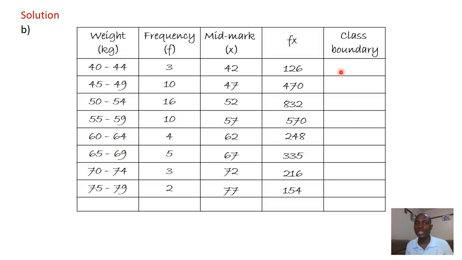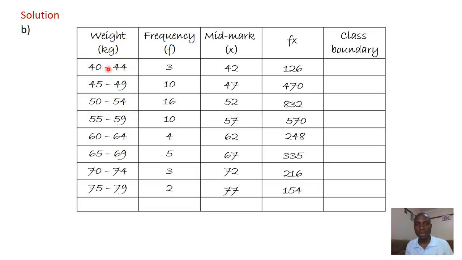So for the class boundary, you look at the class, and here the classes do not have decimal points. So for classes without decimal points, to get the lower class boundary, we subtract 0.5 from the lower class limit.